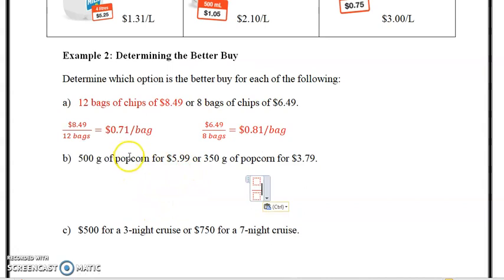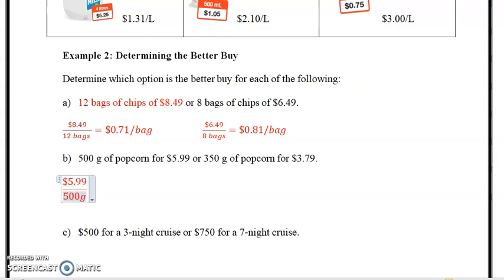So we write out our amount, $5.99 divided by 500 grams, and that's going to equal 0.01198 per gram.